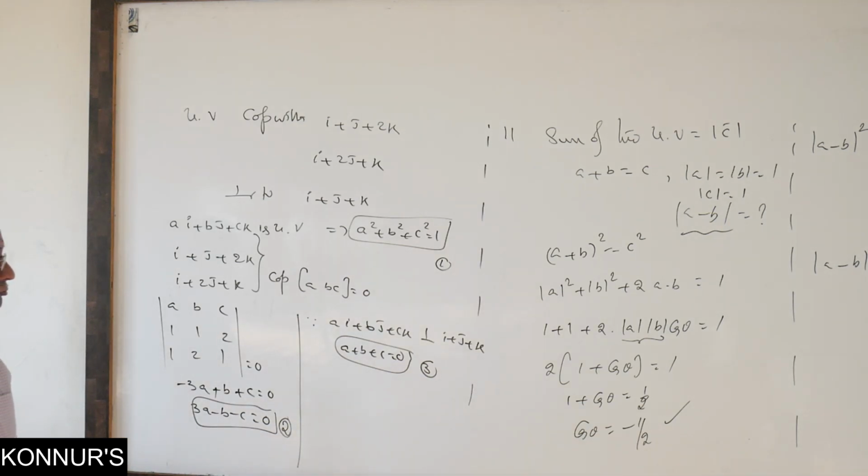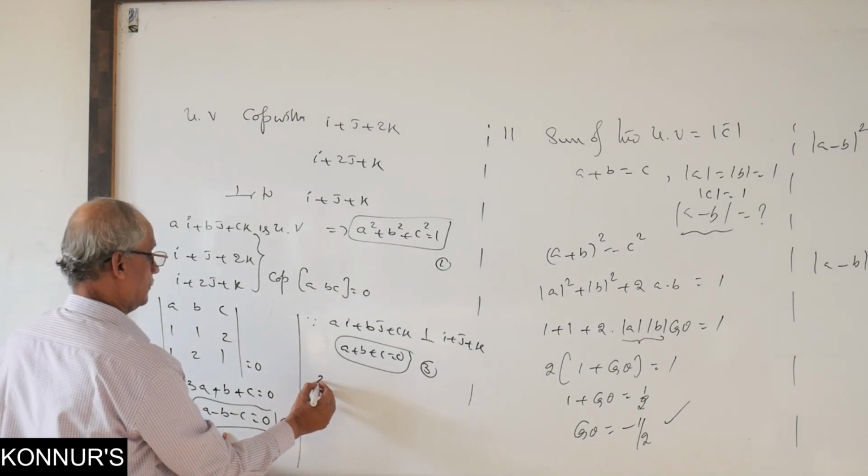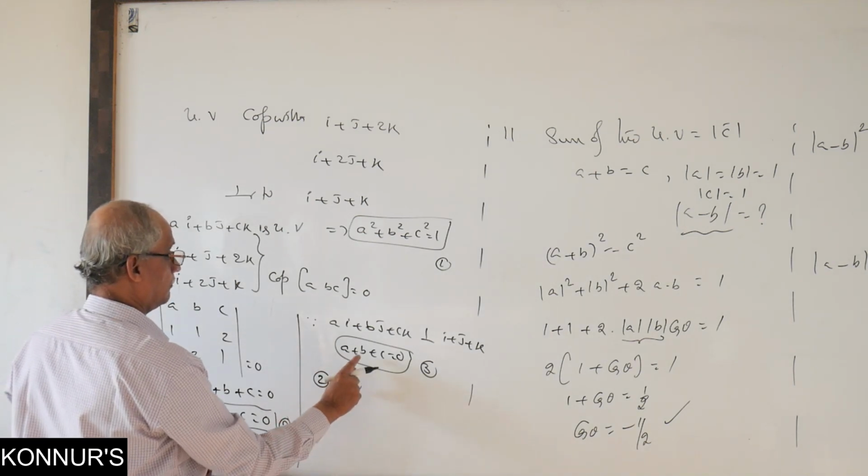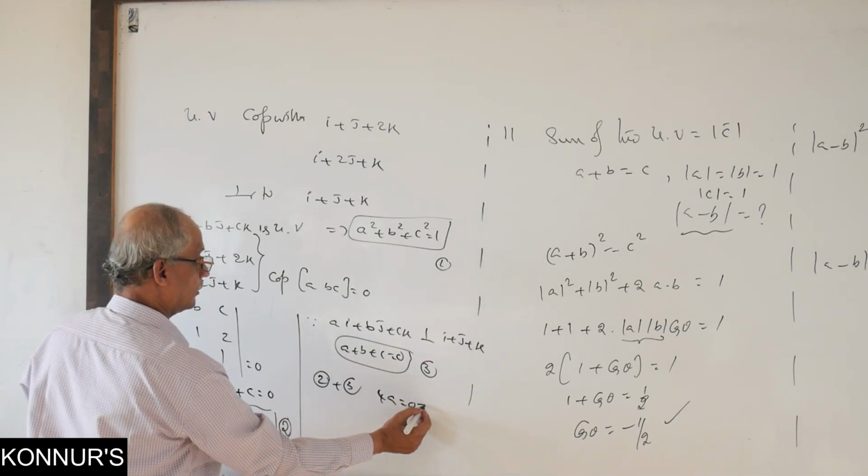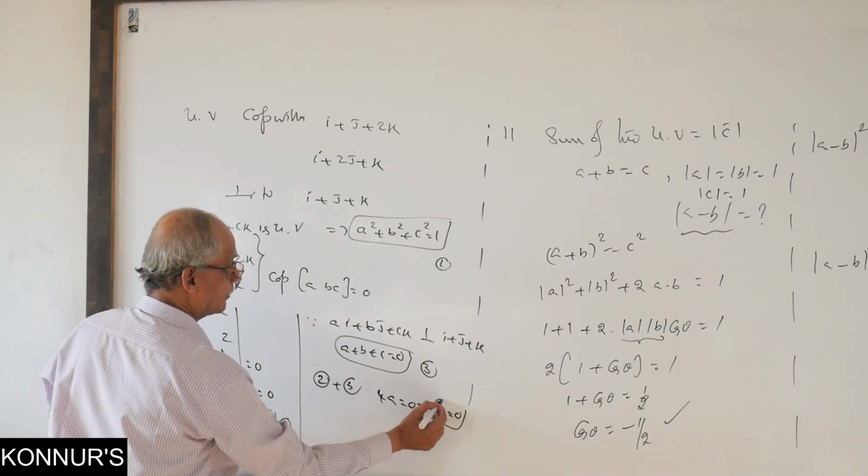Elimination process, algebra only. Consider 2 and 3. 2 plus 3 is how much? Simple: b cancels, c cancels. 4a is 0.